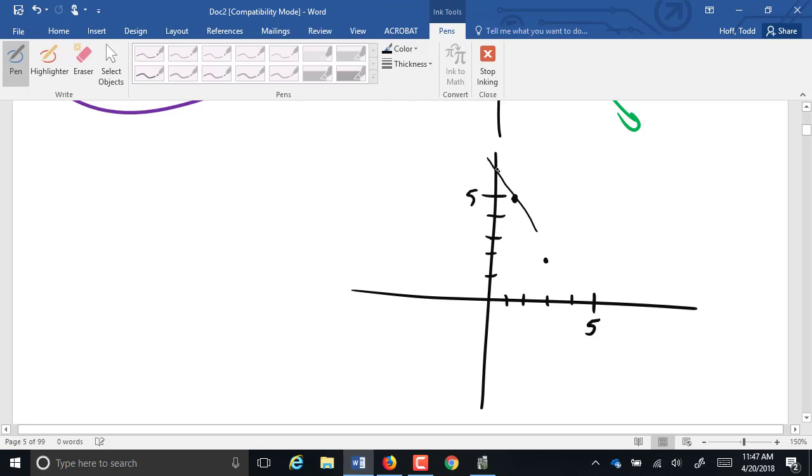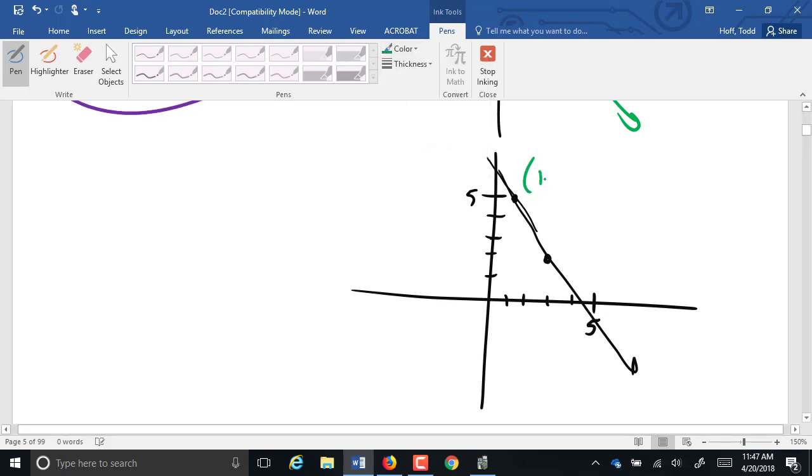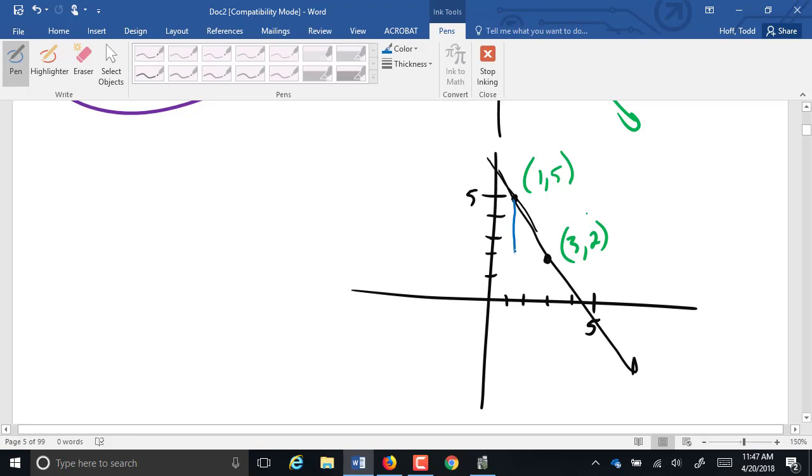And our line goes through those points. This coordinate being 1, 5, and this coordinate here being 3, 2. Well, we can still do rise and run on the graph. We can draw in that little triangle. We can see this has gone down 1, 2, 3, so that's a -3 rise, and a run of 1, 2, so giving us a slope of -3/2.